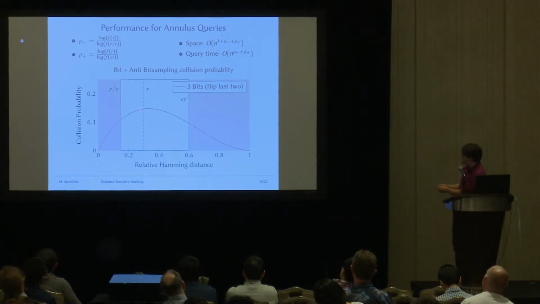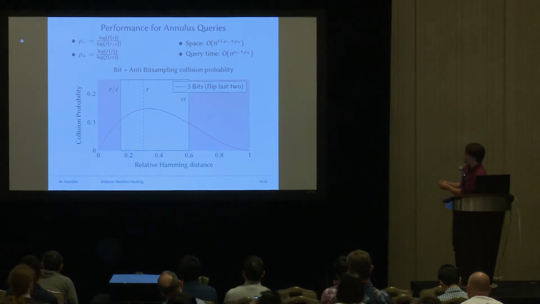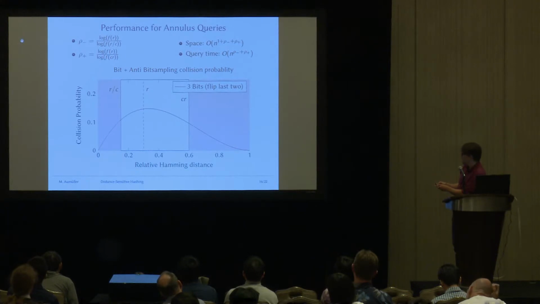You have to look at what is f of r, what's the collision probability at r, what is it at r over c, what is it at cr. So that's f of r over c, f of cr. And then you plug it into this ratio of the logarithms over here. You get a rho minus value, which basically says that's how good you can filter out on the left. That's how good you can filter out near points. You get a rho plus value, that is just the value from an LSH. That is the filtering capability over here.